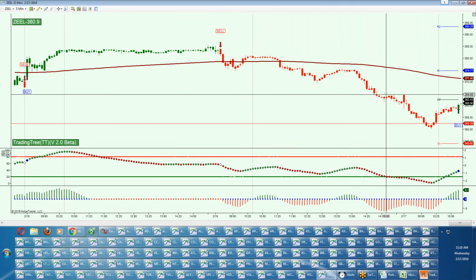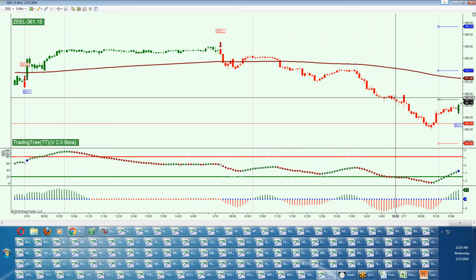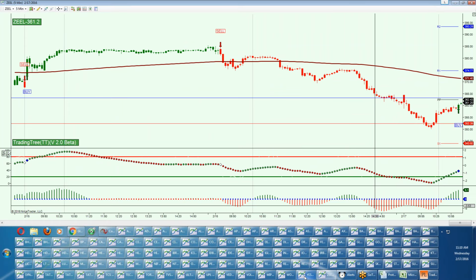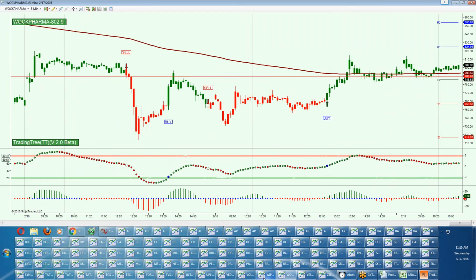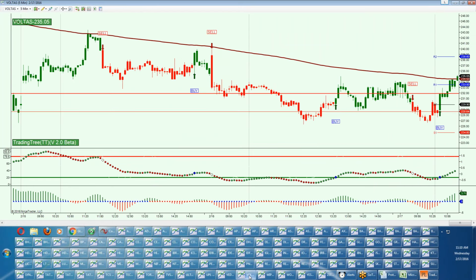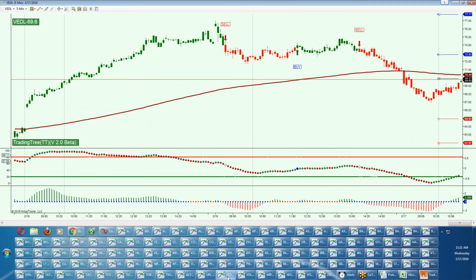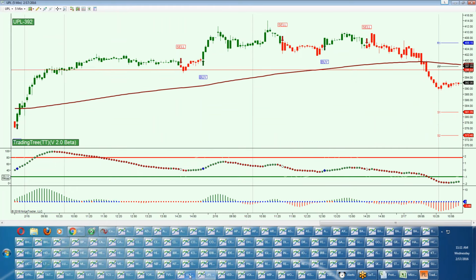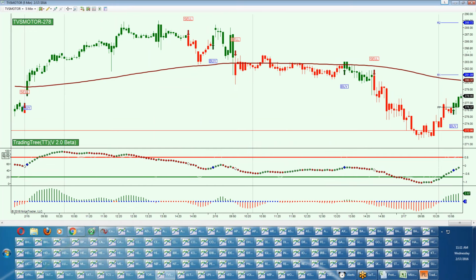Z you can buy above this PP level. Voltas has already done its first level of target. And the next level is 238. So TVS, your entry is this. 280 is a possibility.